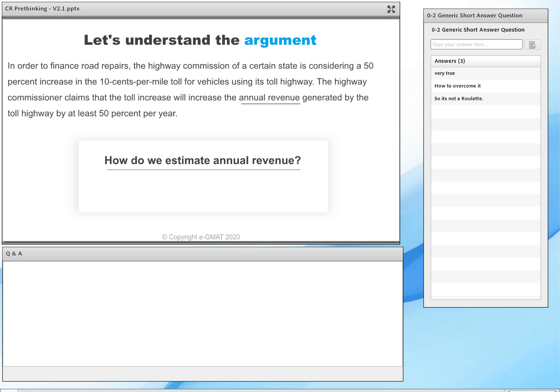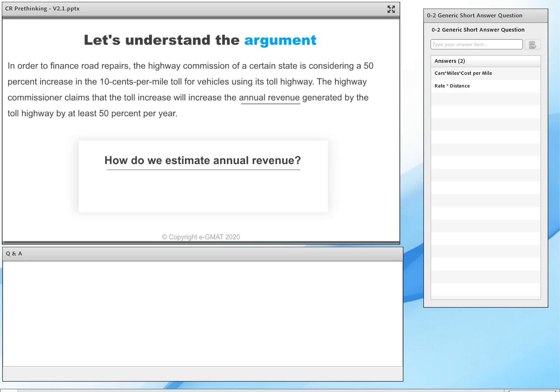Okay. So then the question I ask is, how do I estimate annual revenue, as per the information given in the argument? Rate into distance. It's as simple as that.